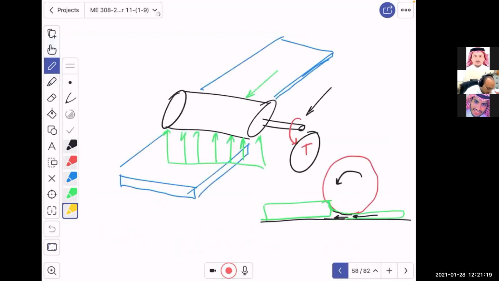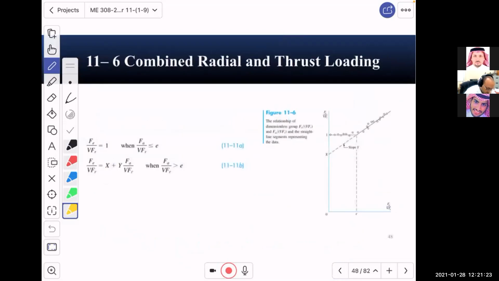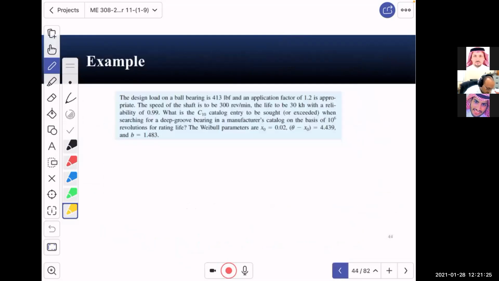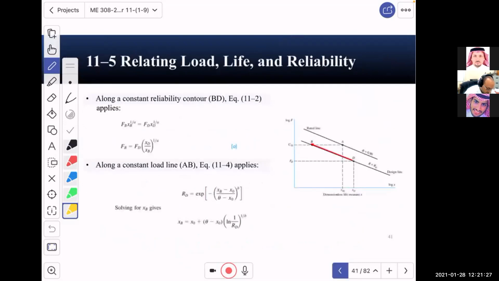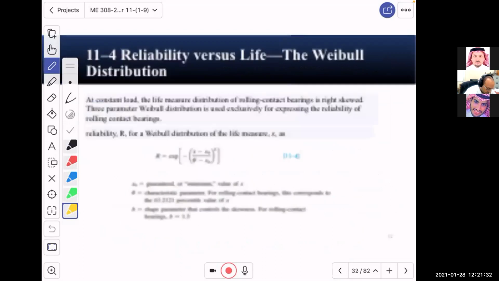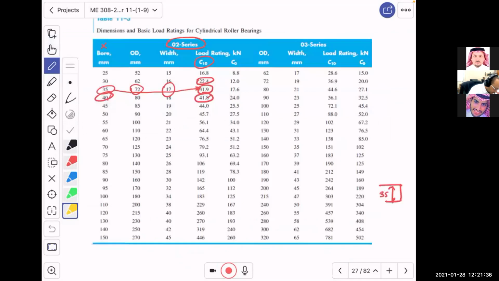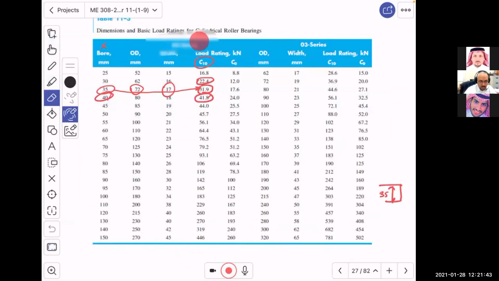Just be patient with me. I need to take you back all the way to a previous slide. Patience, ya shabab. That's too much. Over here. Now, I have to admit, in the book, in the solution, it says it wants series number 2.